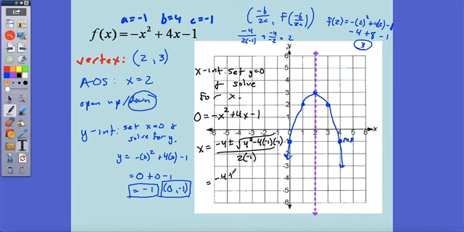So negative 4 plus or minus the square root of 16 minus 4 times a times c. That doesn't seem right. What did I do? b squared minus 4 times a times c.